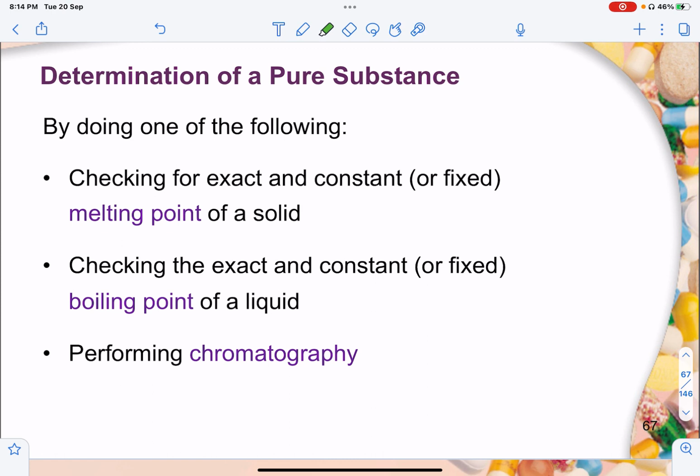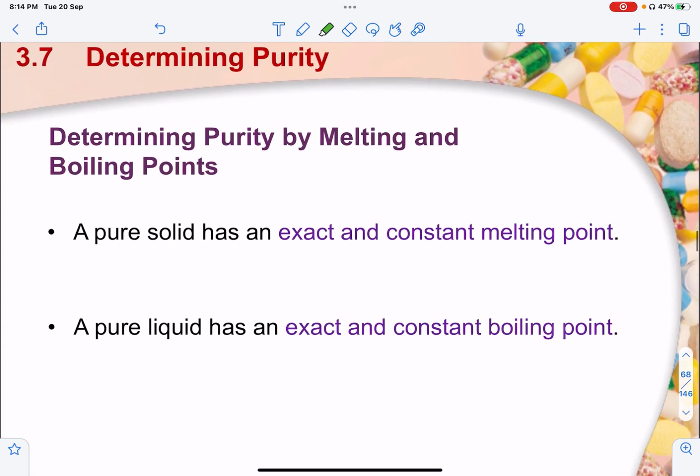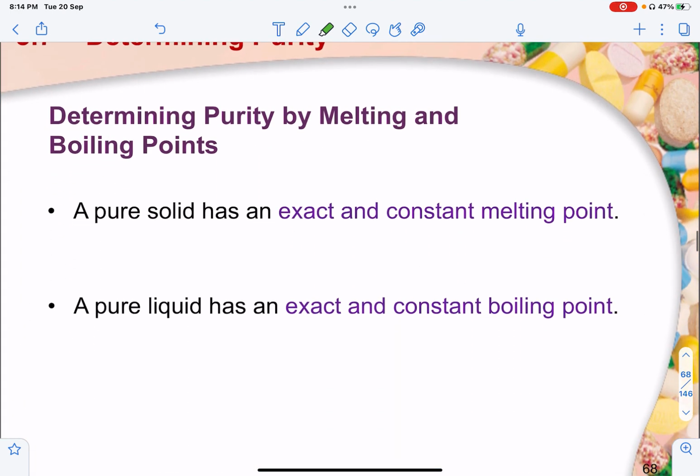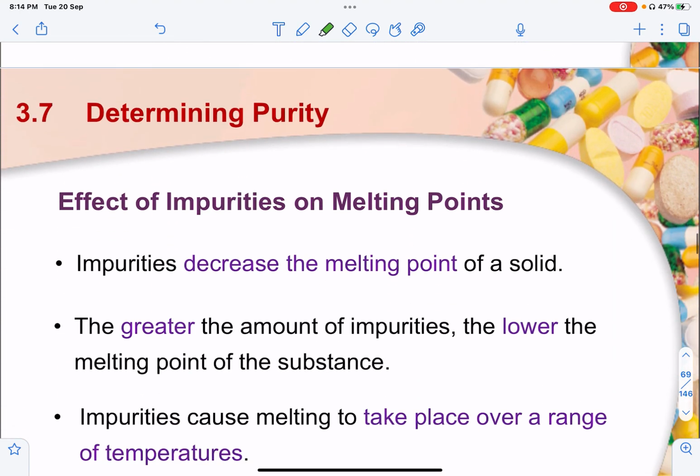If there are impurities, the melting point will actually be lower than the actual one. If there are impurities, the boiling point will actually be higher for the impure substance than the normal one. Another way is, of course, performing chromatography, where there's only one component to indicate that this is a pure substance. So generally, this is the idea behind a pure substance in terms of boiling and melting.